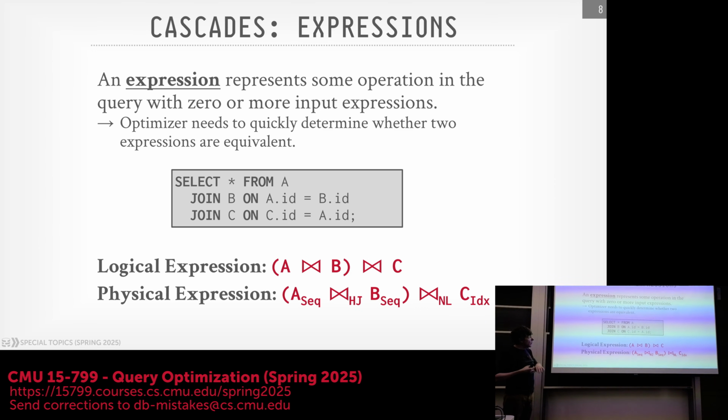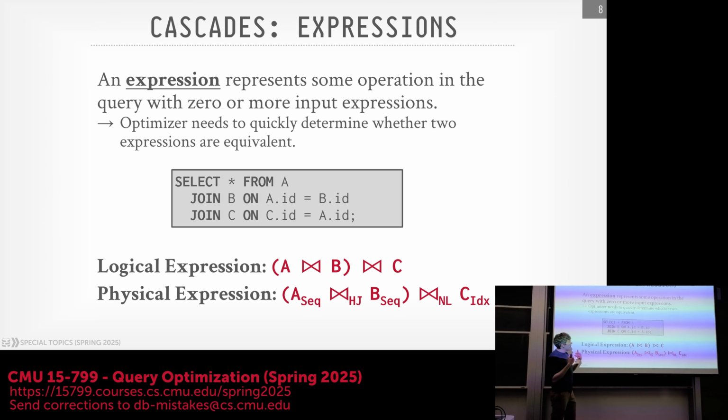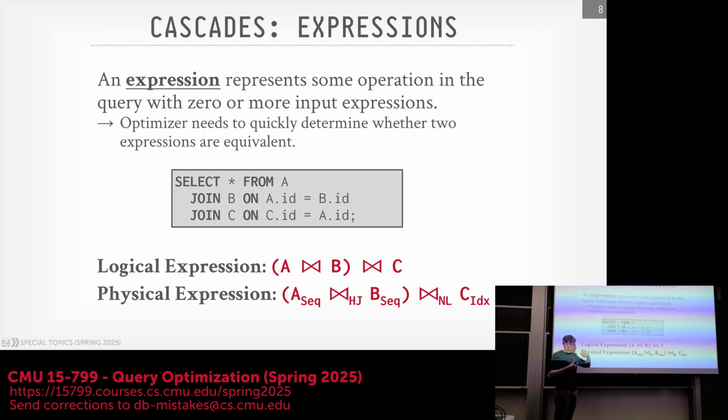So an expression, we said this before, is going to be some set of operations with zero or more input expressions. It could be a combination of physical expressions or logical expressions, right? And then we're going to have a mechanism in our system to figure out whether two expressions are equivalent. That means both that logical expressions are equivalent, but also that physical expressions are equivalent with logical expressions. We need to go both ways, right?